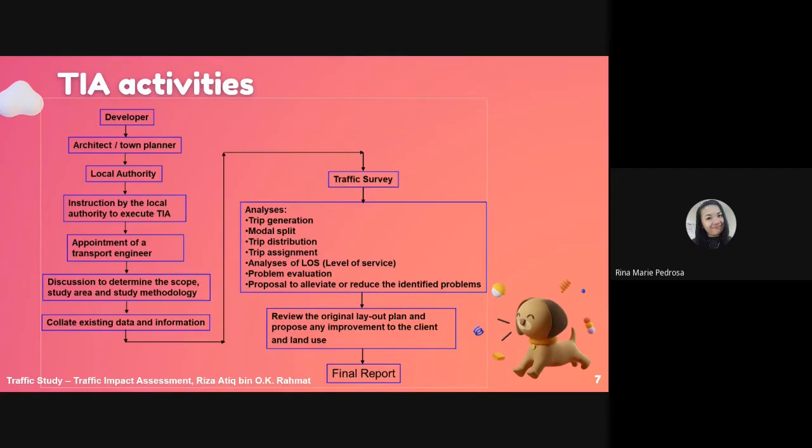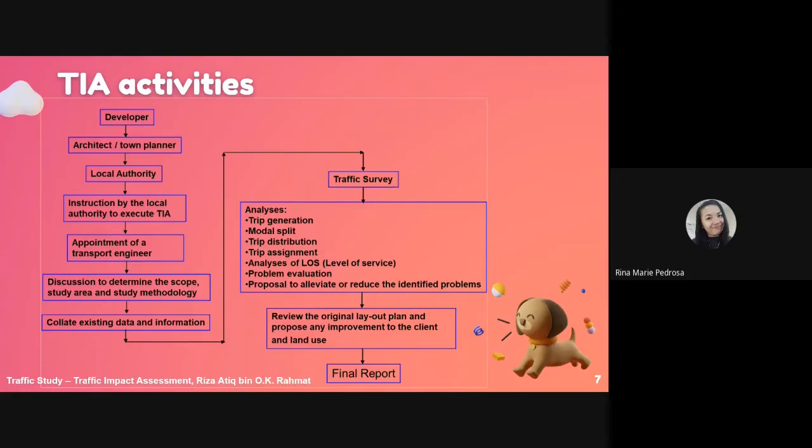So the analysis for that would be again your transportation demand models. You have the trip generation, modal split, trip distribution, your trip assignments. You also have there the analysis of the LOS or your level of service, which is rated from A to F, A being the highest and F being the lowest.